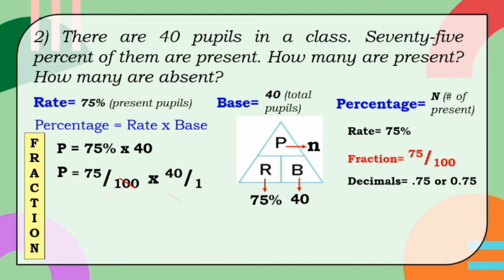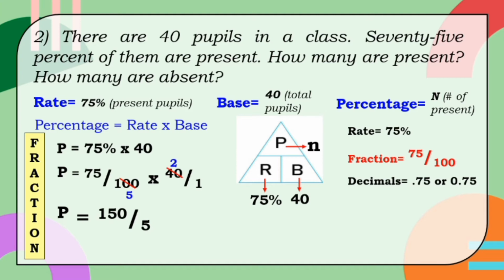Use cancellation method. The GCF of 100 and 40 is 20. 100 divided by 20, 5. 40 divided by 20, 2. Multiply the numerator, 75 times 2, 150. Multiply the denominator, 5 times 1, 5.